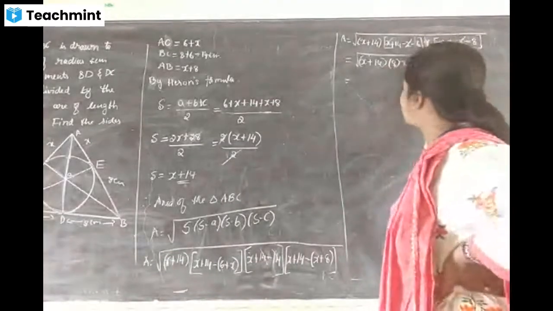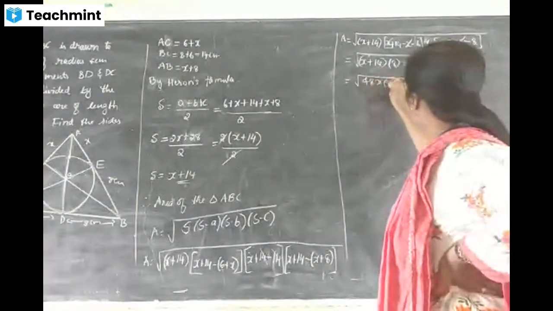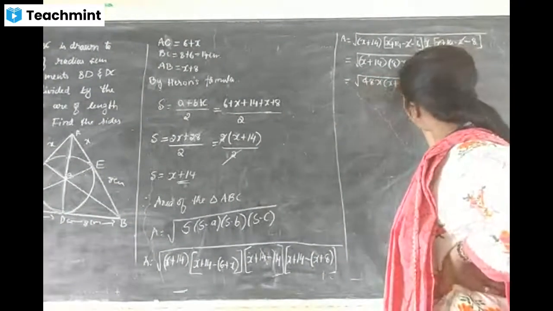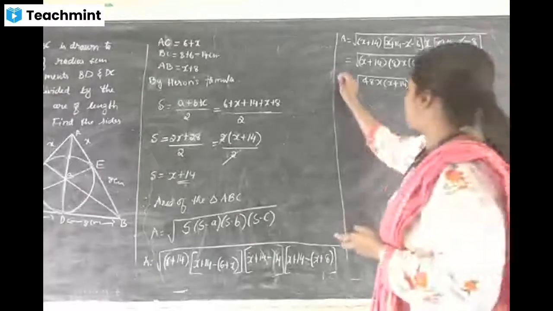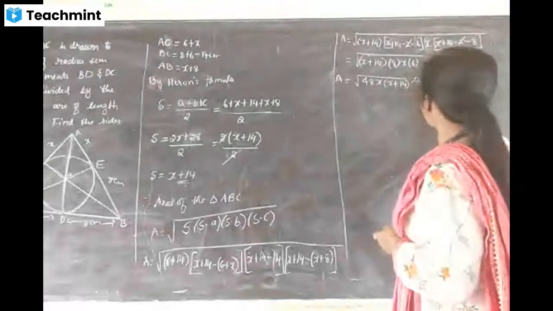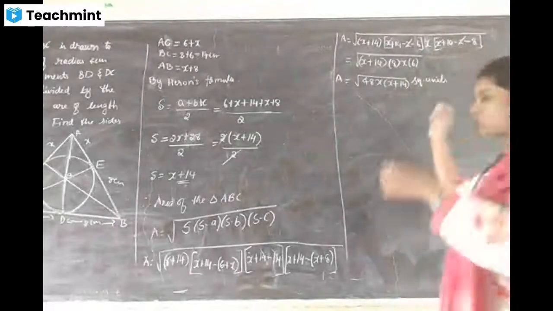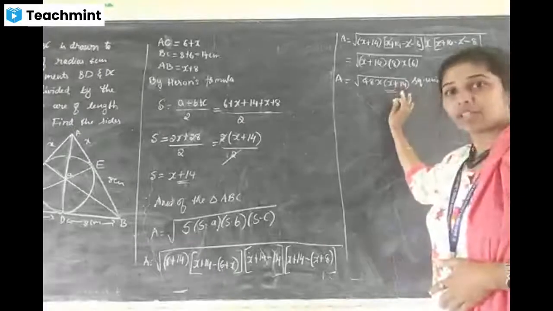Now 8 6s are 48, so we get 48 into x plus 14. Don't go for multiplication and all, leave it here only. This is a square in its area, so you must write the square root. Leave this one area here.